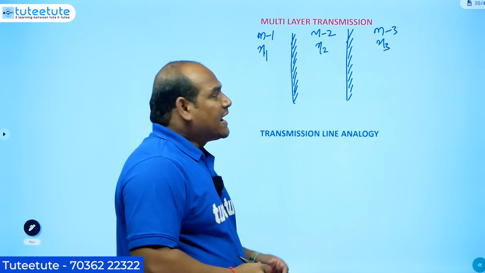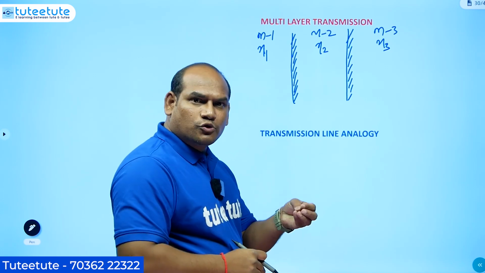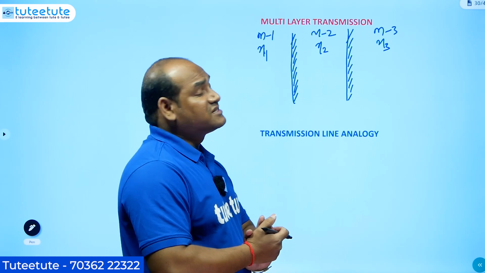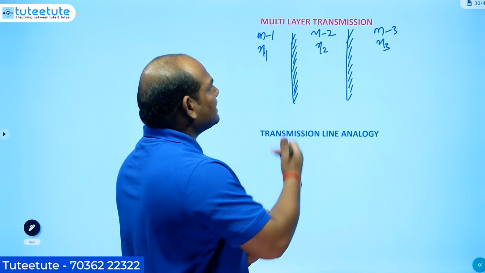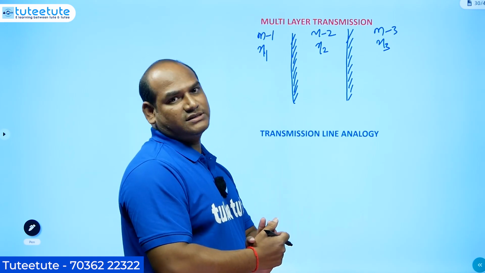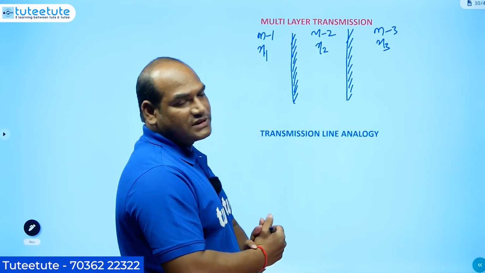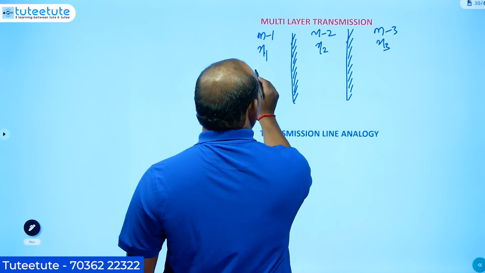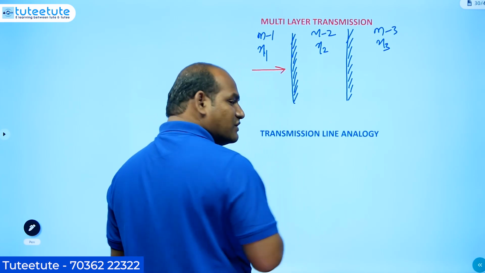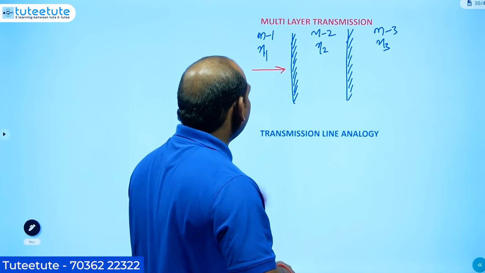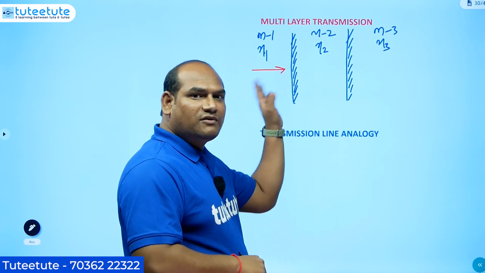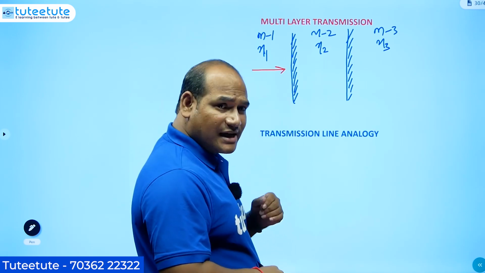For our concept, we are restricted to only normal incidence. Studying oblique incidence in case of multi-layer transmission is very difficult, so we will restrict our concept to normal incidence only. So we have incident one electromagnetic wave normally on the boundary between media 1 and 2.